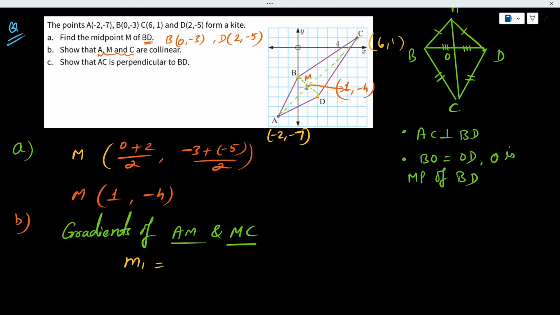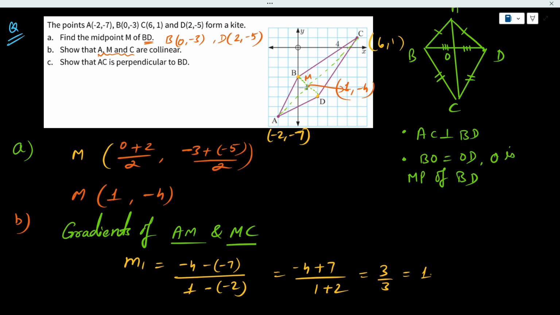Now y2 minus y1, so it's -4 minus (-7), by x2 minus x1, so 1 minus (-2). That will be -4 plus 7 by 1 plus 2, which is 3 by 3, that is 1. So you are getting the gradient as 1. Then this m1 is nothing but the gradient of AM, right?